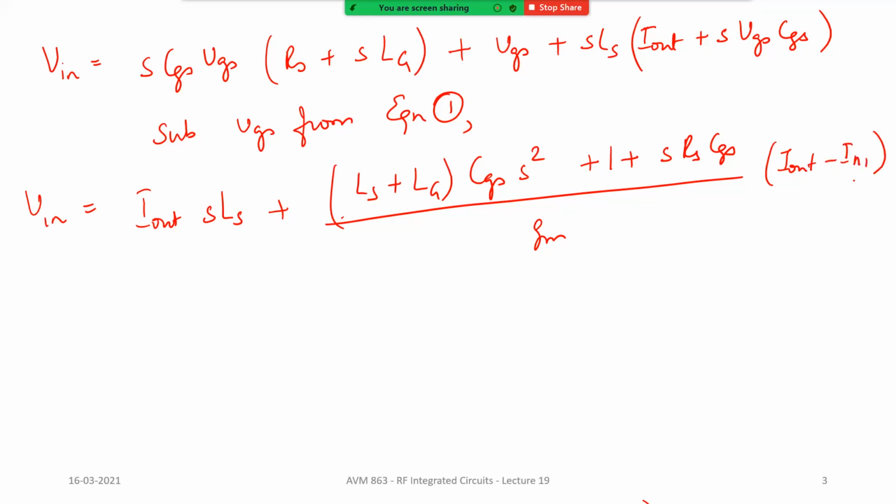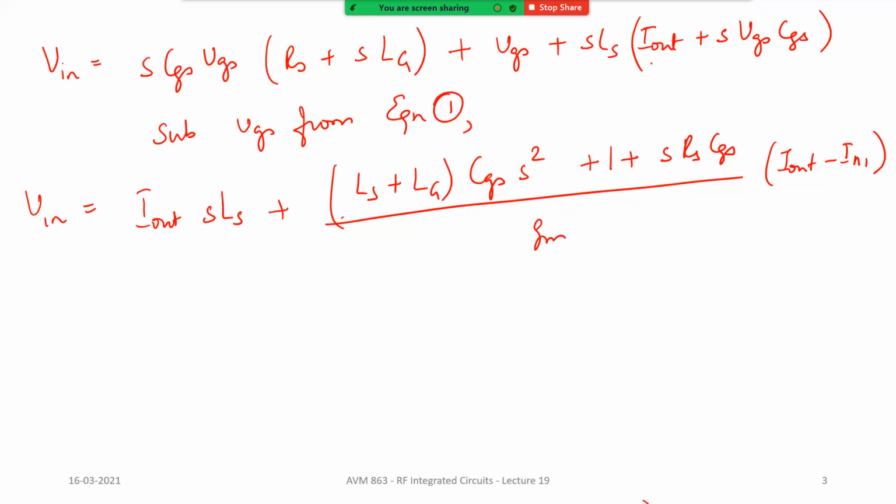So I'm just skipping to this step in order to save time, and obviously see that this is indeed the case, right? You have SCGS here and SCGS into RS here, and you have Lg into CGS here, and you have S squared. You have VGS is plus 1. This is the only I out term which has come out separately, and then you have the S squared CGS, the other term, the LS term, right?